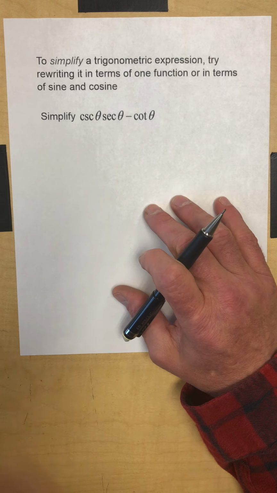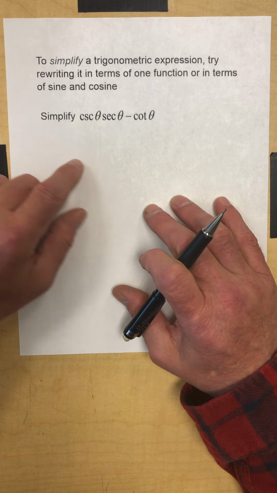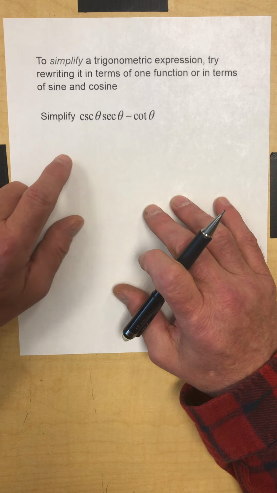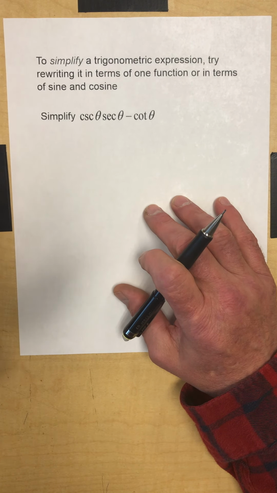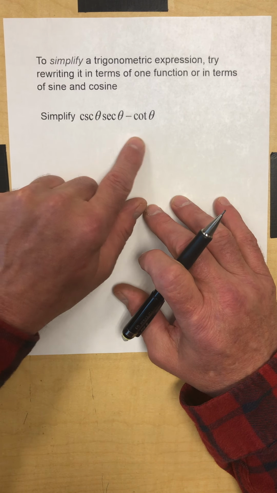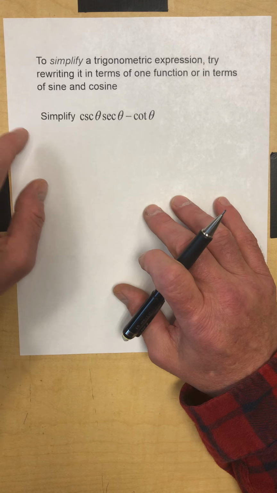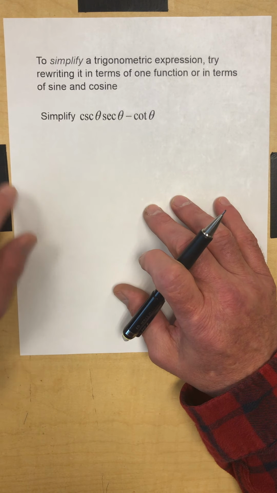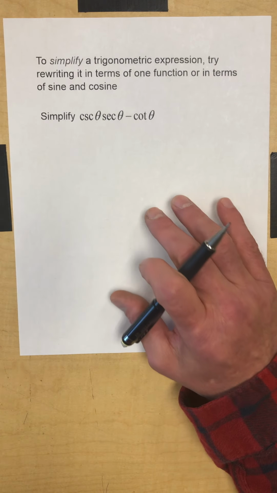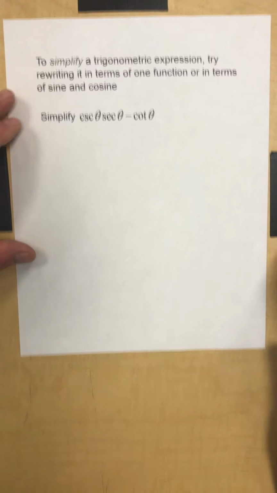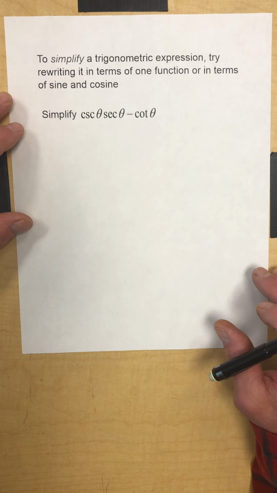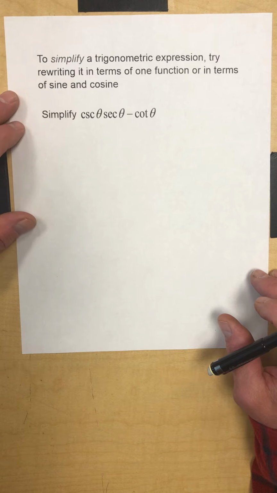One of the first ones you always want to take a look at is taking everything in the expression and either doing one of two things: either rewriting everything in terms of the exact same trig function, or rewriting everything in terms of sine and cosine. This notion of rewriting everything in terms of sine and cosine works a lot of the time. Doesn't work all the time, but it works a lot of the time. So that's basically what we're going to take a look at today.